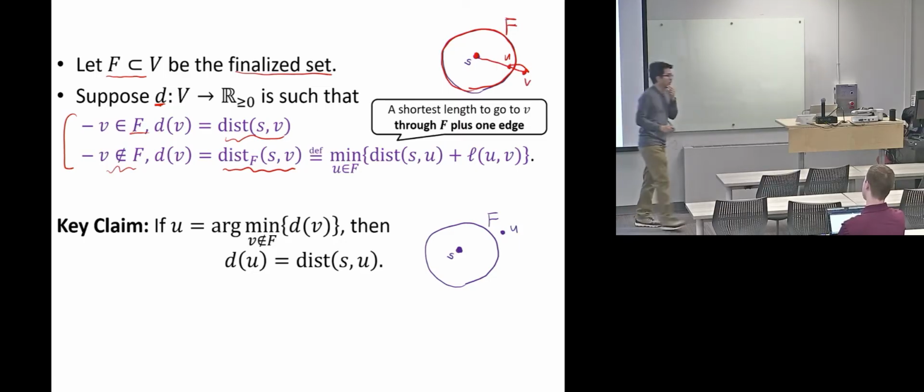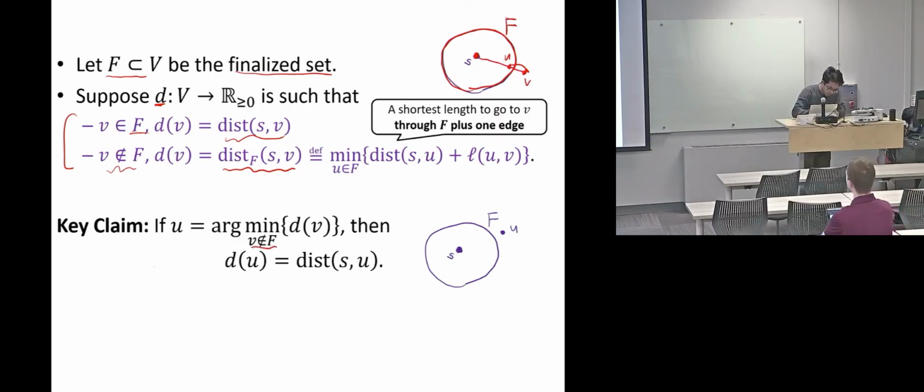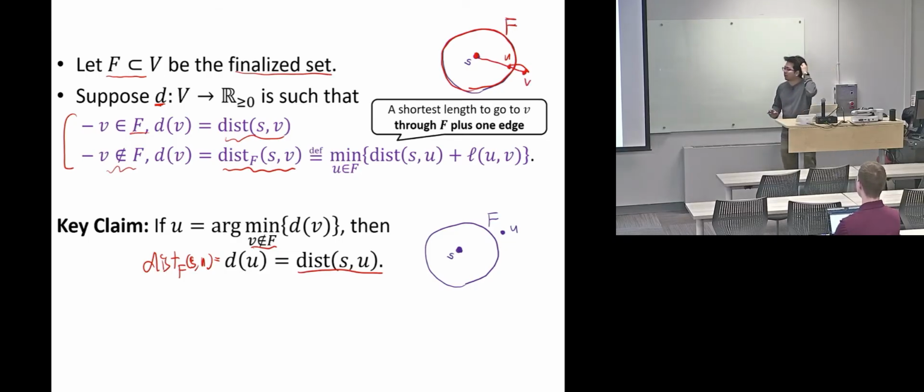That is, for the not finalized one, the distance with respect to F from S to U is already the real distance. That's my claim. Is the claim understandable, the statement? Any question about the statement?